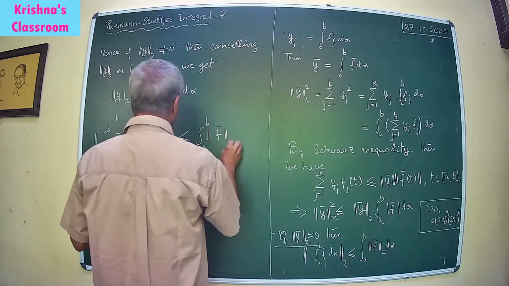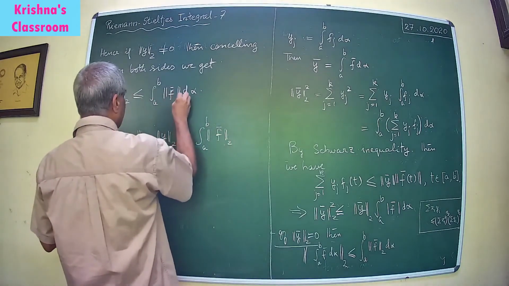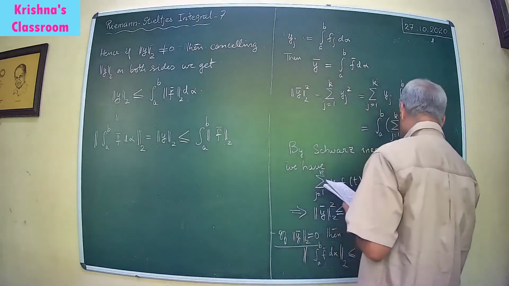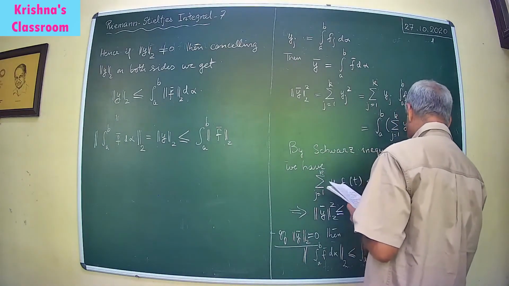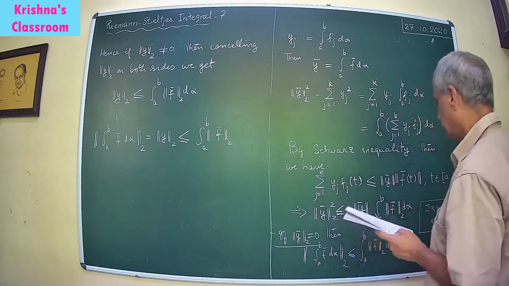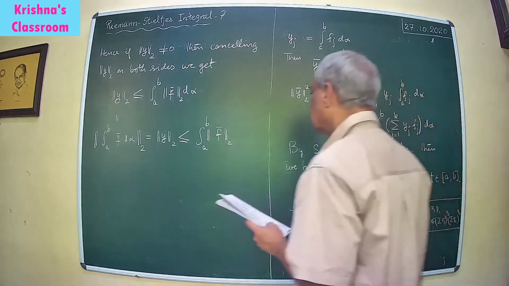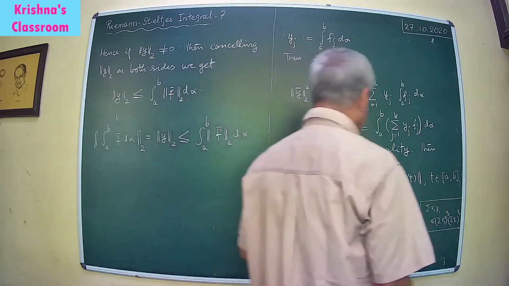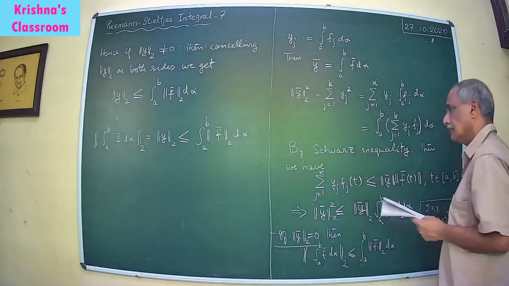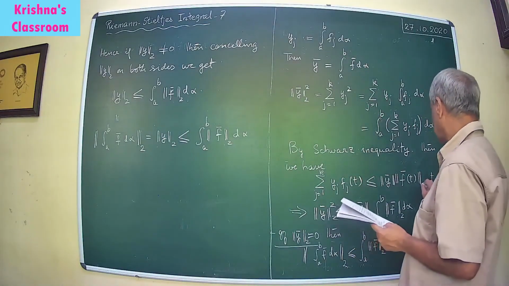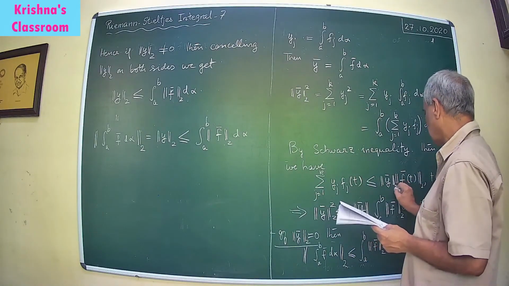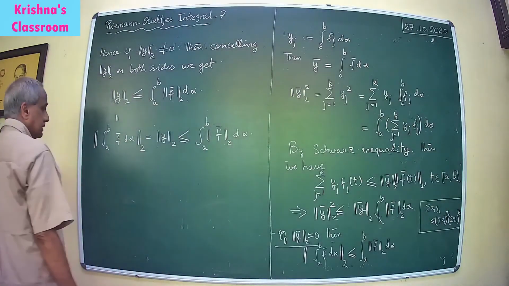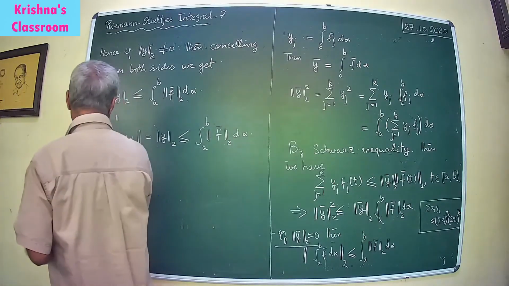This to here, this to here, this to consistent notation, and this to. Okay, so I get this. So that completes the proof of this result.